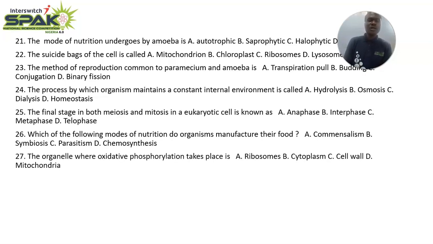The next question says the organelle where oxidative phosphorylation takes place is dash. A, ribosome. B, cytoplasm. C, cell wall. D, mitochondrion. Oxidative phosphorylation takes place in mitochondria. After the Krebs cycle, we have a lot of coenzymes, like nicotinamide and flavin nucleotides, that are produced.